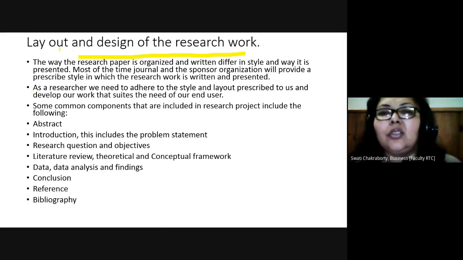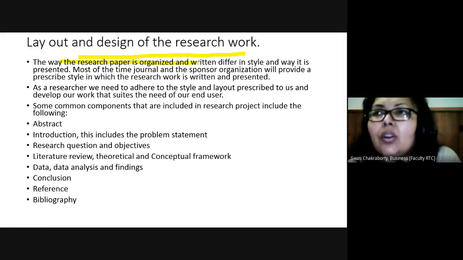Now, the way a research paper is organized and written differs in style and the way you present. How and why it differs depends on who the sponsored organization is, who has asked you to do that research, or which journal you are publishing your research work in.